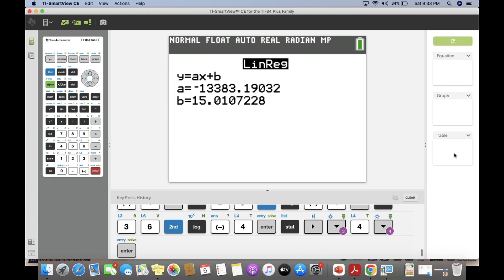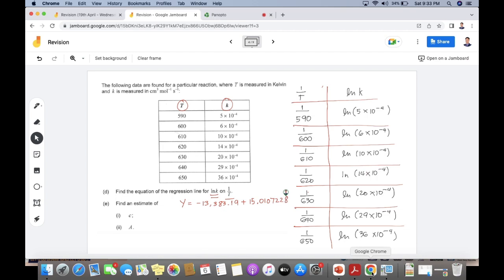So we need all the values when we solve for ln of a later on. You will see it later on, the moment we solve for the task in the problem. 15.0107228. Okay. Let's now go back to Jamboard.